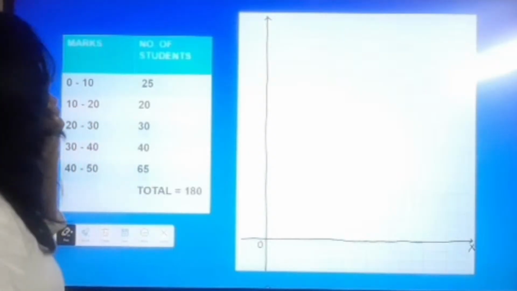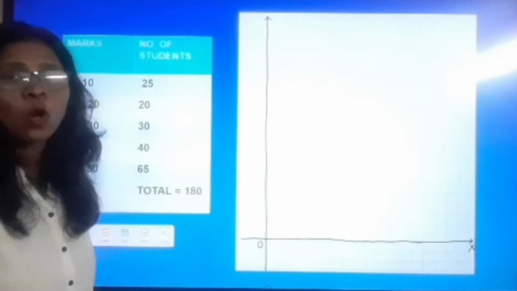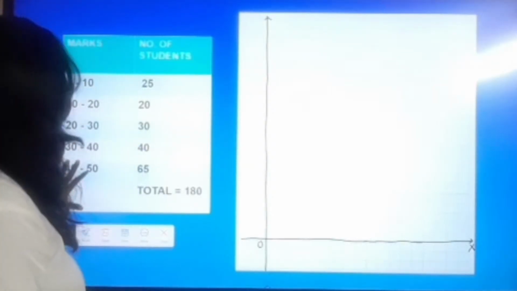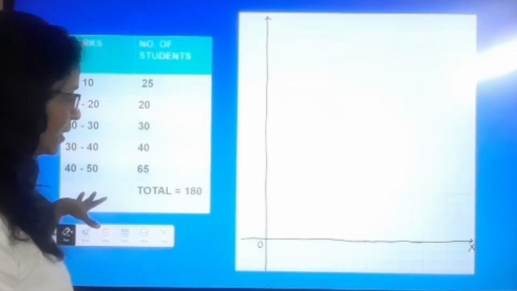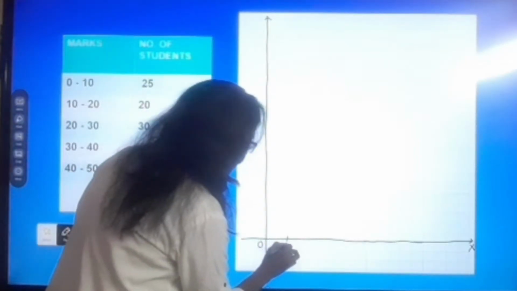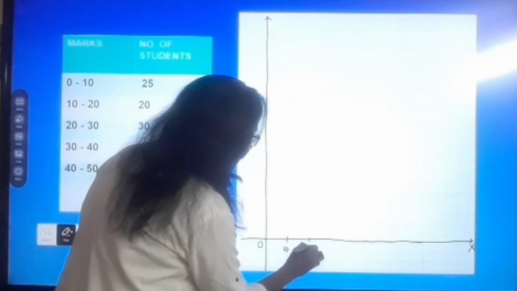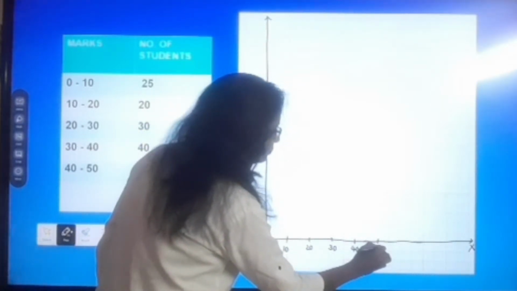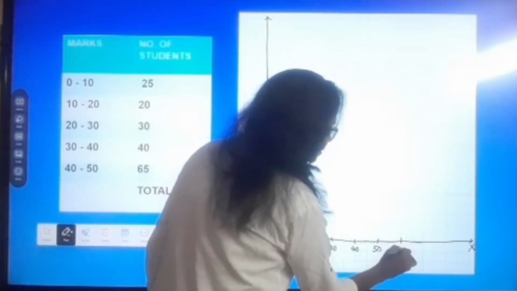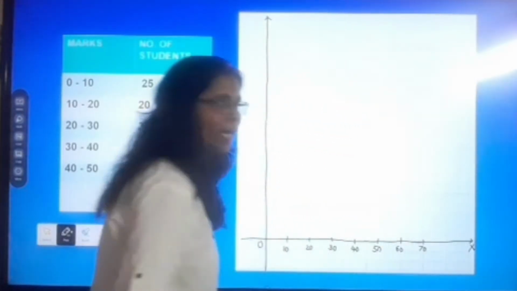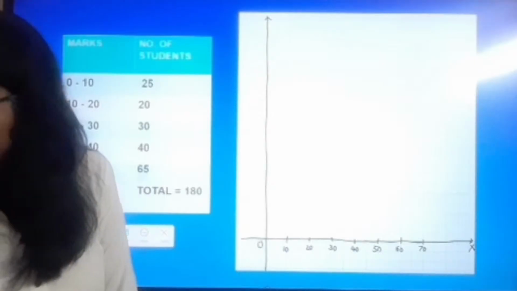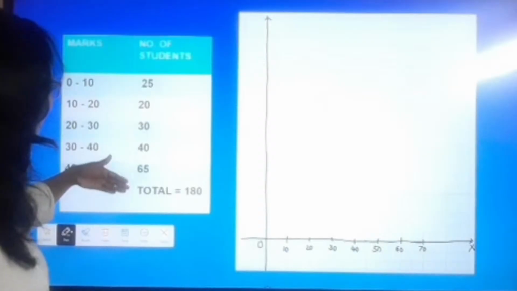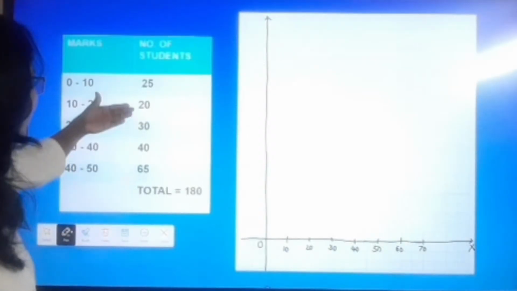Okay, so now on the x-axis we take the marks, that means the classes. So here 0, then 10, 20, 30, 40, 50, then 60 and 70. Okay, I write down up to 70. Then on the y-axis, the highest value is 65 and the lowest is 20.